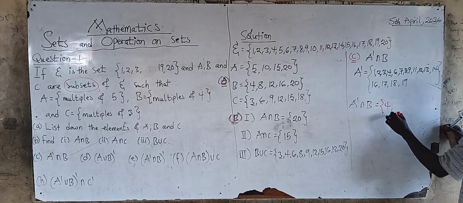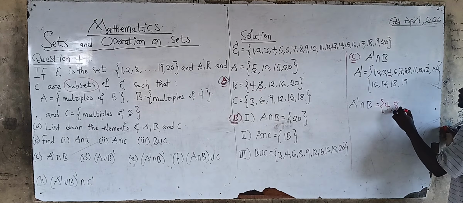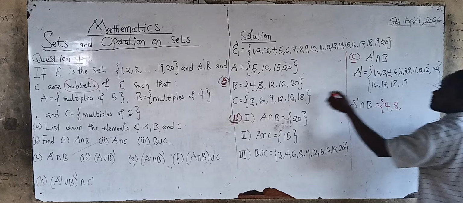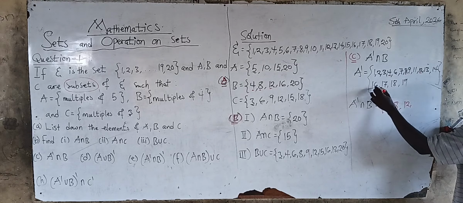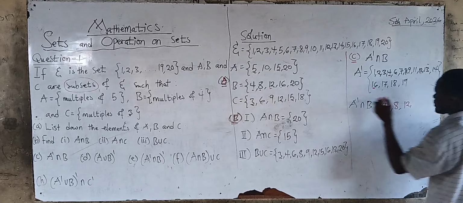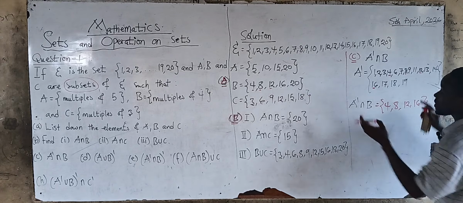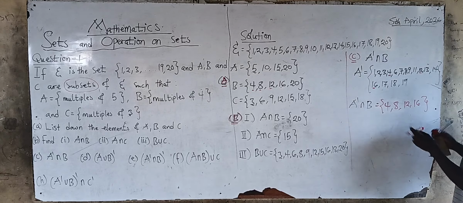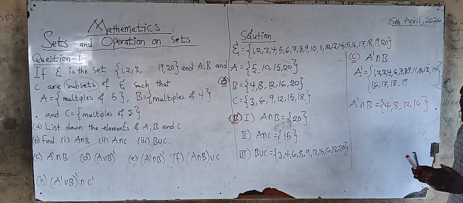So I have 4. We have 8. There is 8 here too. So I have 8. We have 12. There is 12 here too. So we have 12. We have 16. There is 16 here too. So I have 16. And that is all. There is 20, but there is no 20 here. So this then becomes the answer for A complement intersection B.